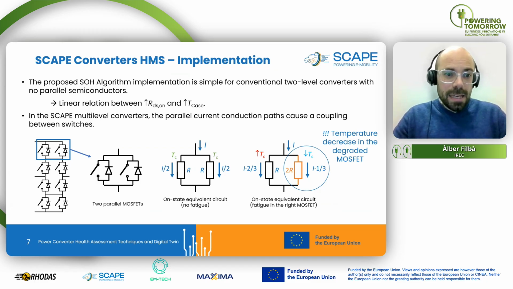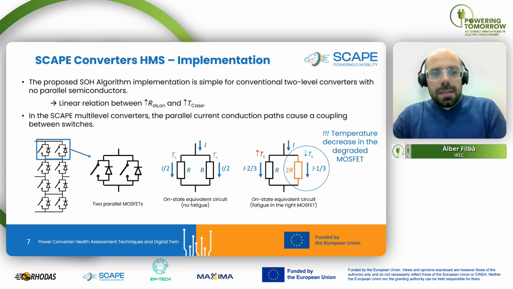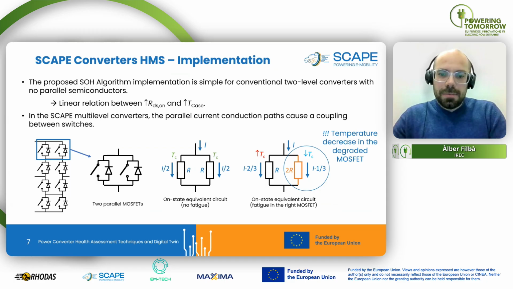But in SCAPE, in the multi-level converter structures that we have proposed, we have parallel current conduction paths. And this causes a coupling between the switches' temperatures, or an electrical coupling which affects their temperatures, let's say. Here you can see an example.